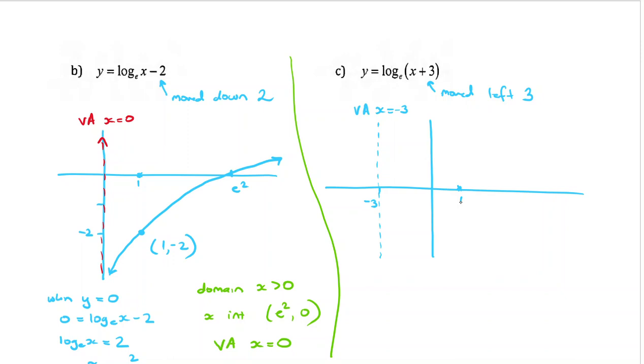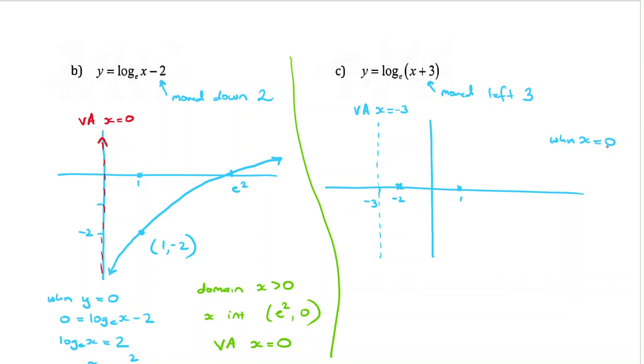So where is it now? Negative 2. Okay, what else should I find? Yes, the y-intercept. So I sub in when x equals 0.